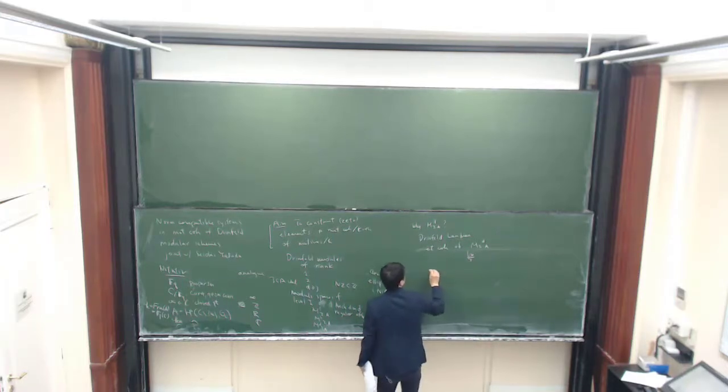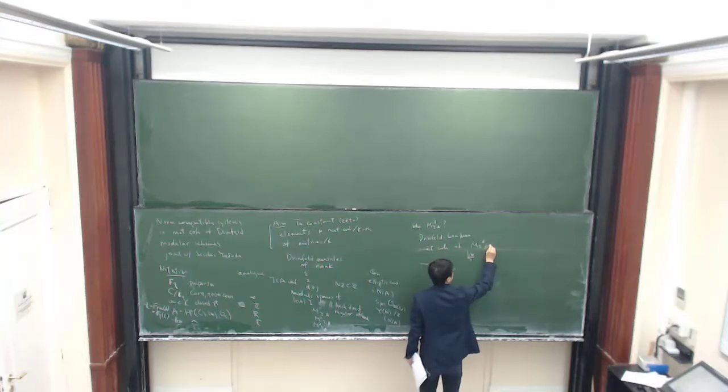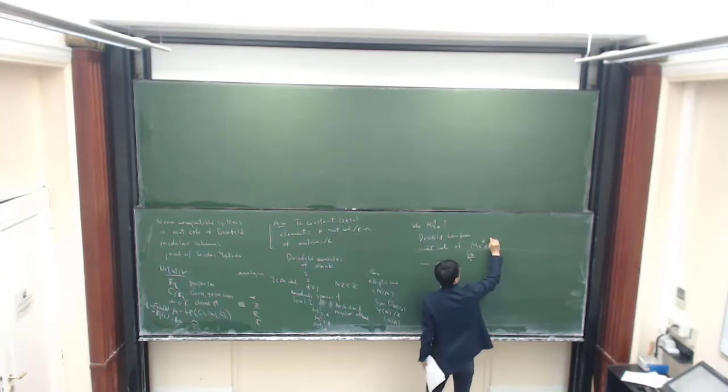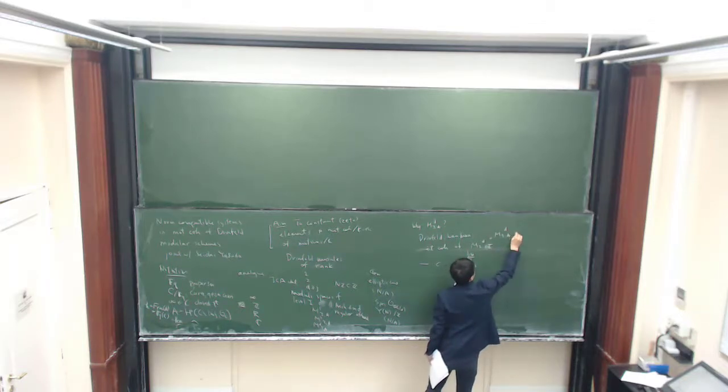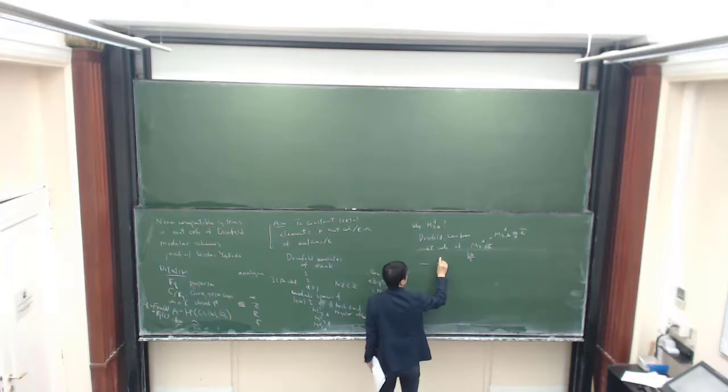I will take this to be k bar, which means I'm tensoring with the algebraic closure so that you get the Galois representation.